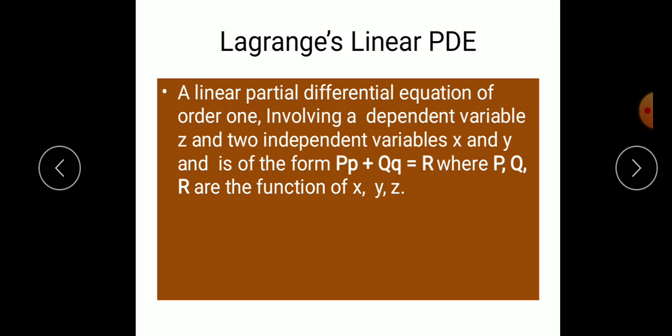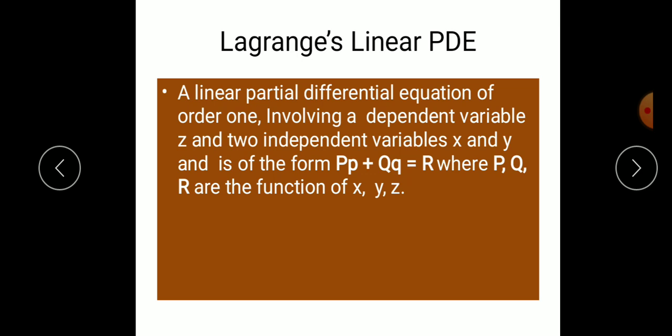So a linear partial differential equation of order 1 means a differential equation involving p and q and no higher derivative is called of order first.